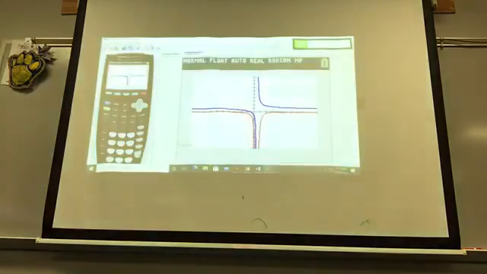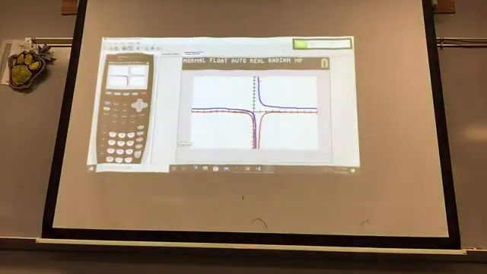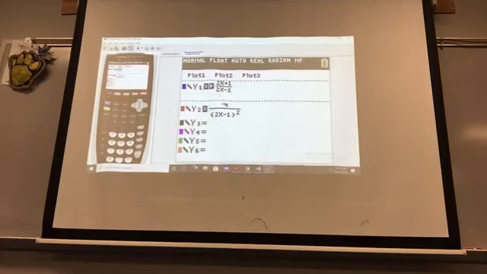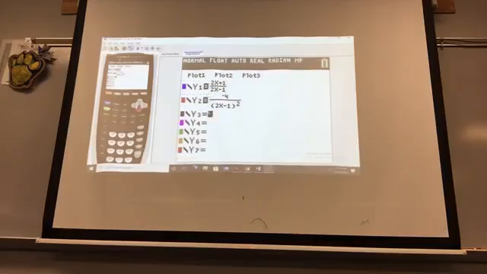So the graphing calculator will actually graph the derivative of a function. So if you're ever not sure, you have an odd equation, this is a way you can check yourself on your homework. So in y1 I have the function, in y2 I put my answer to the derivative, so I'm now in y3 going to ask my calculator to graph the derivative, and I know it should match up with what I put in y2.